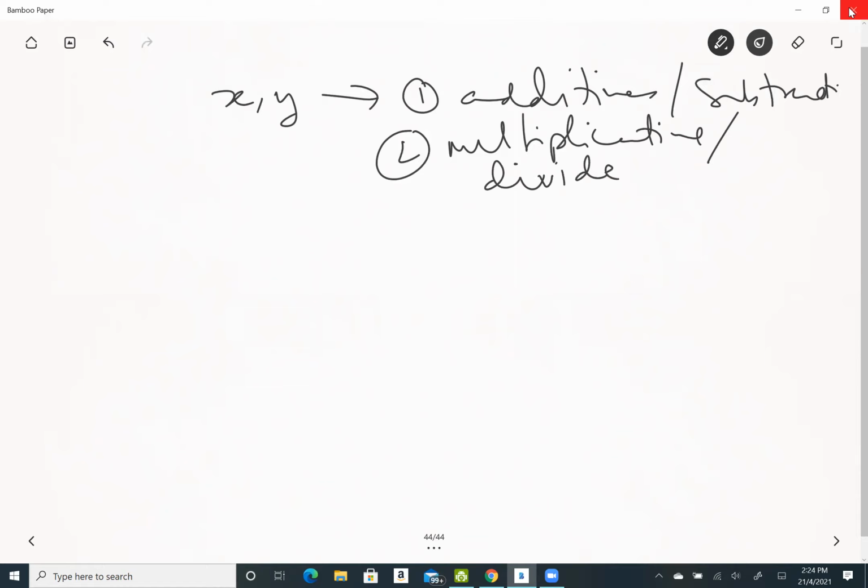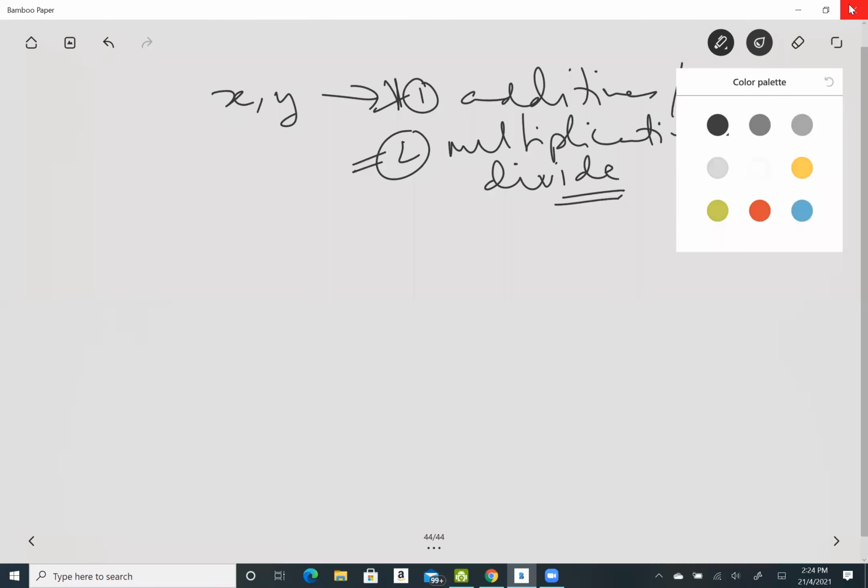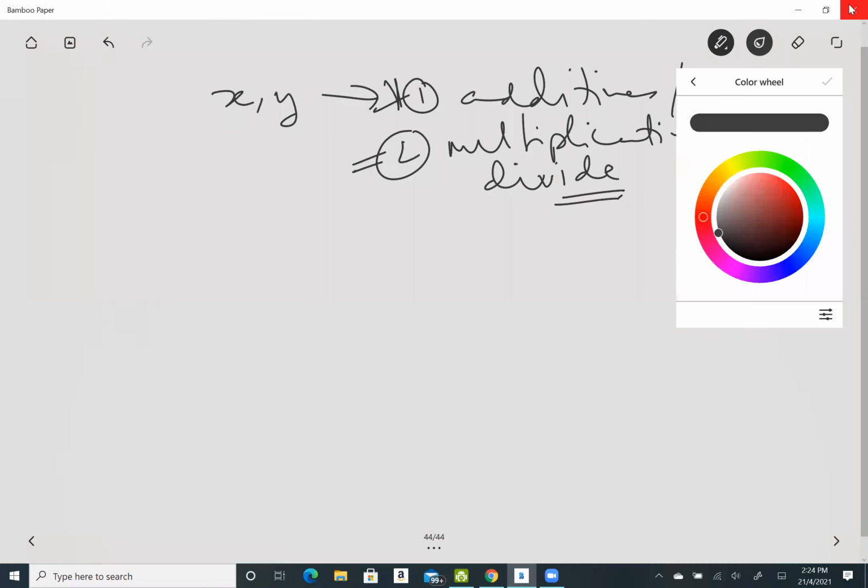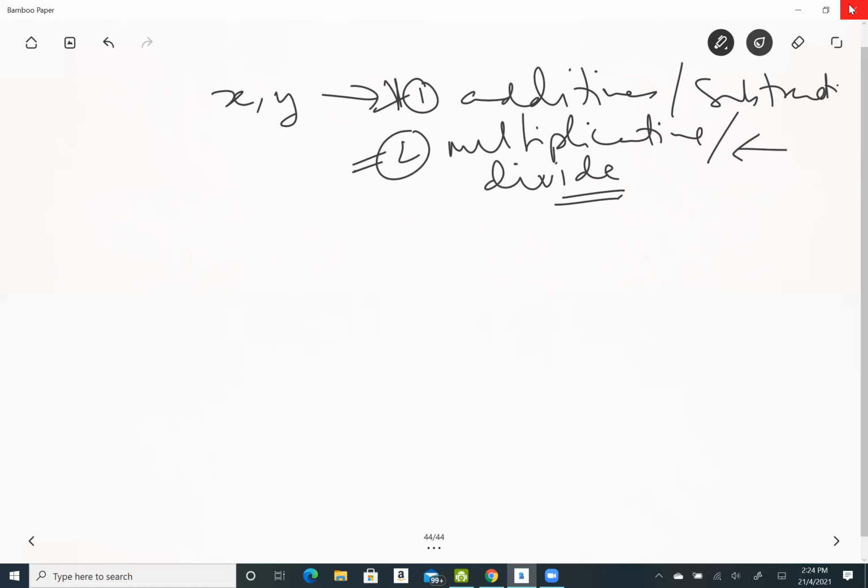Multiplicative, additive, subtractive, division. The first one is very simple. The second one, sometimes, to get the idea is not that straightforward. At the beginning, we tend to commit errors, so I will do a few examples to see the difference.